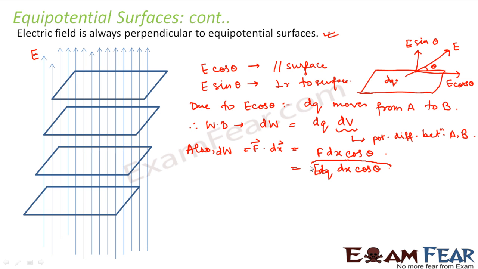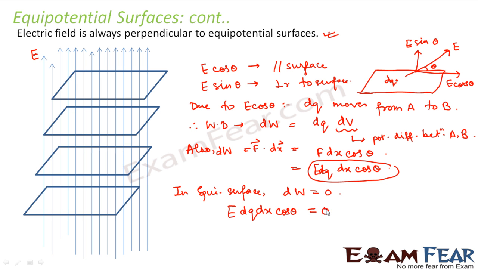Therefore, we can say that this work done should be equal to, we know that in equipotential surface, work done is equal to 0. Therefore, E into dq into dx cos theta is equal to 0.